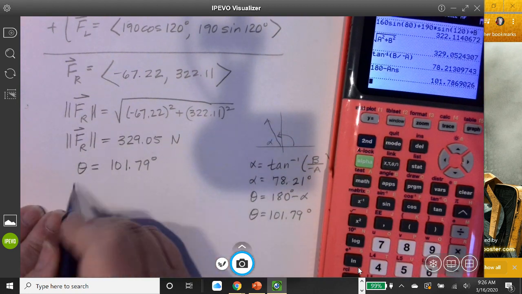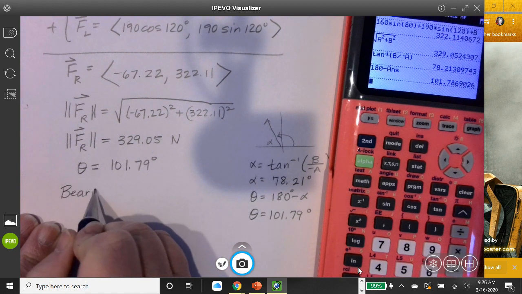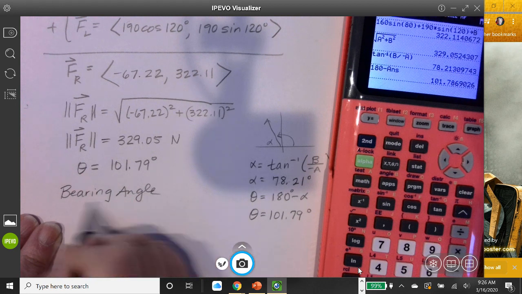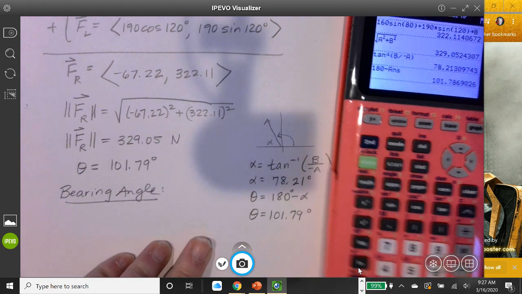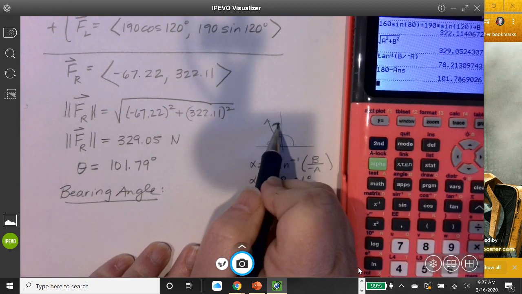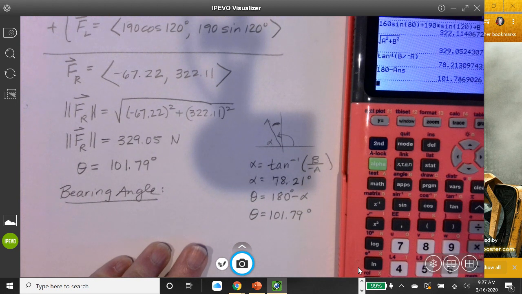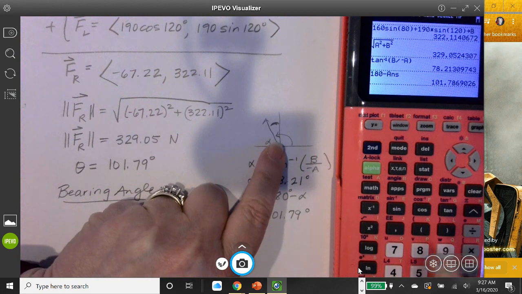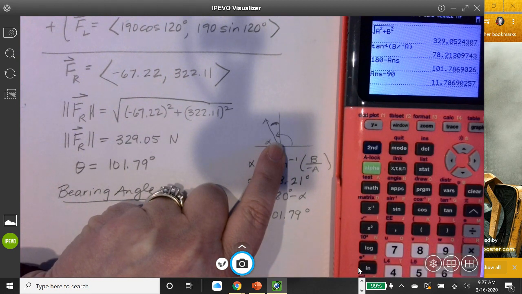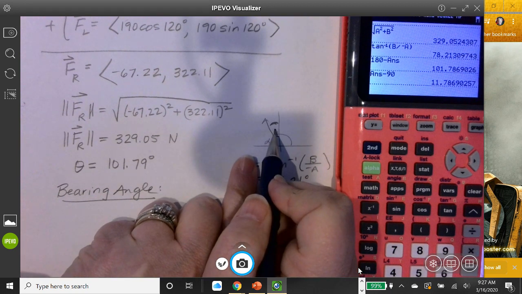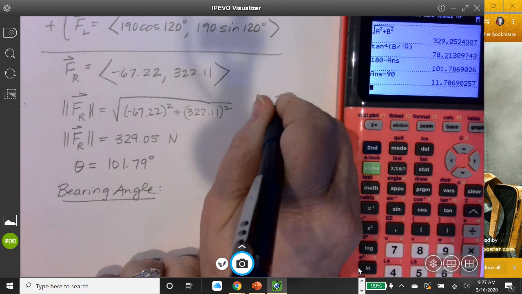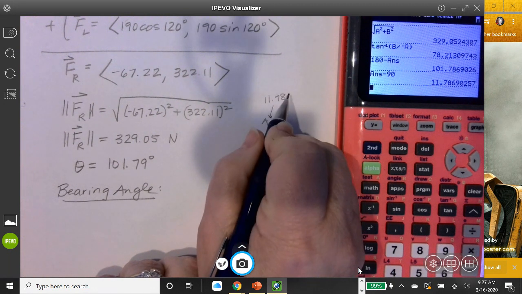But that's not the bearing angle. So let's talk about the bearing because they gave it to us in bearing. Well, I need this angle, don't I? Because that would tell me the bearing. If I know this is 101, I'm going to take the answer and subtract 90, and that gives me this angle here: 11.786 degrees, right?